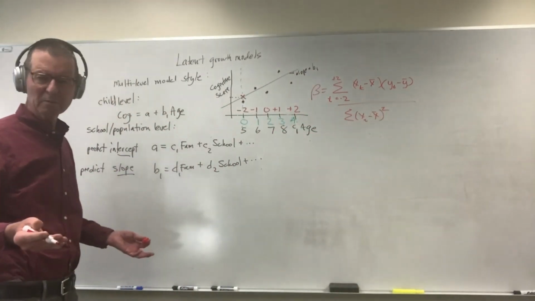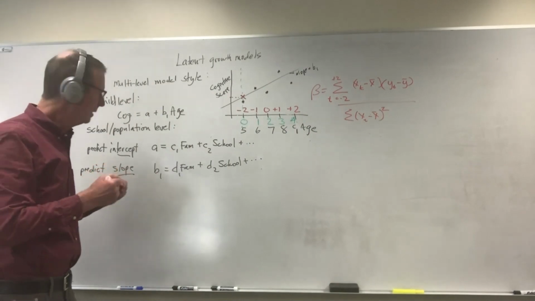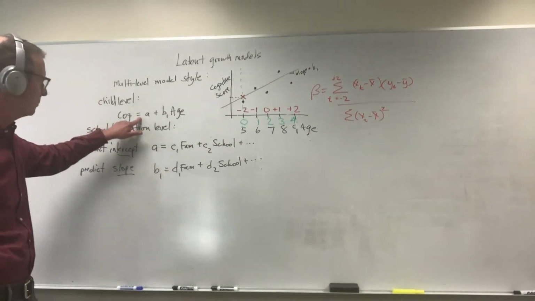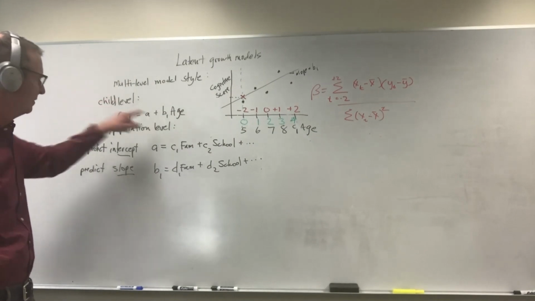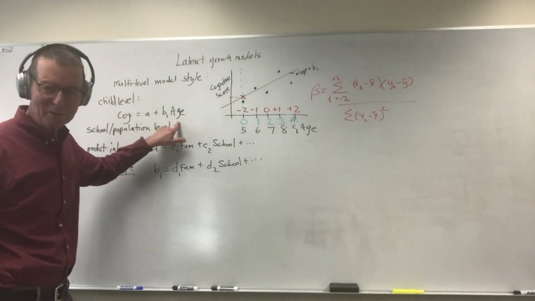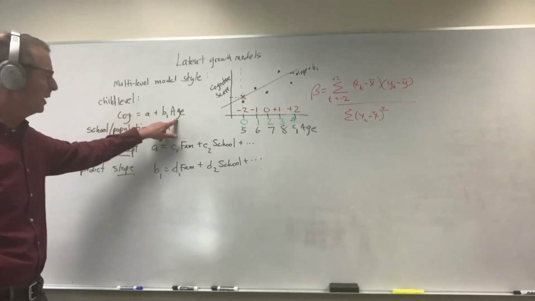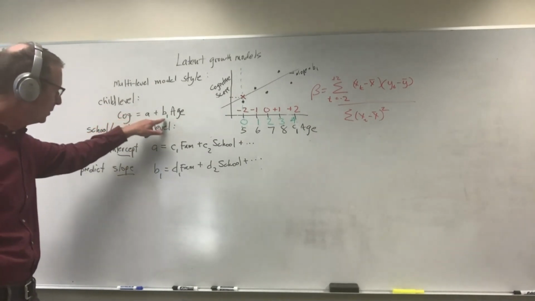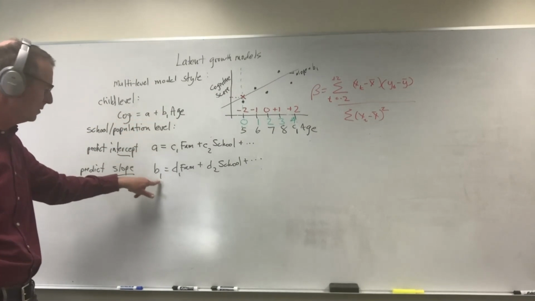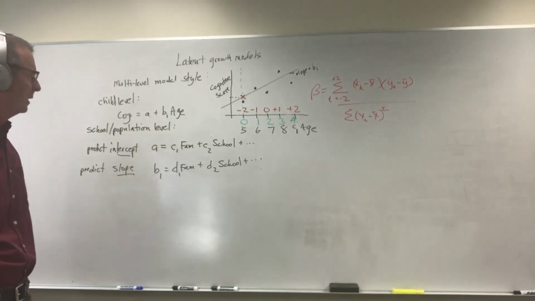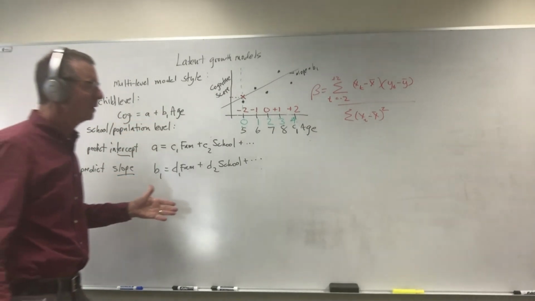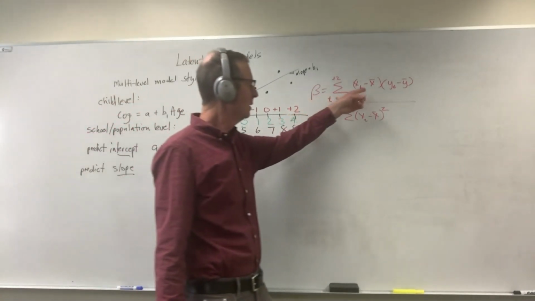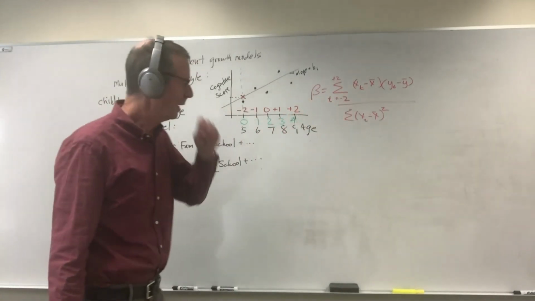That's just a simple equation for a slope. And if all you've got in this first level is just a single variable, that's a bivariate regression, cognitive scores on age. So the slope that you get, the B1 that you plug into this second equation, is exactly the same as this slope that we talked about in the second week of class.